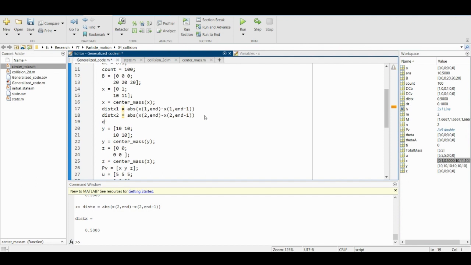So test is equal to test x1 minus dist x2, even absolute of this one also, abs.